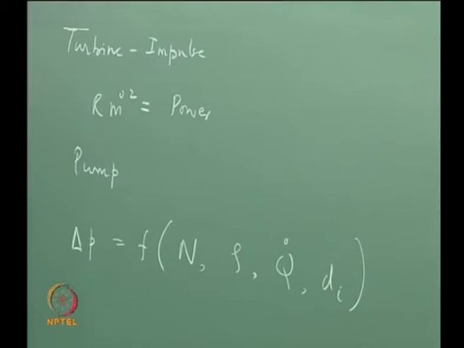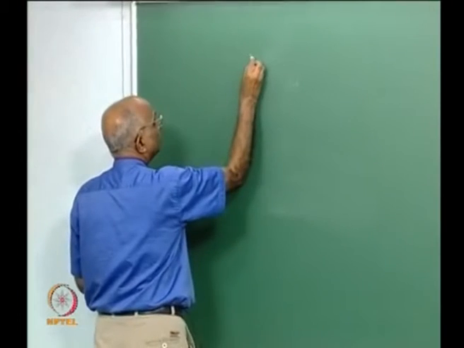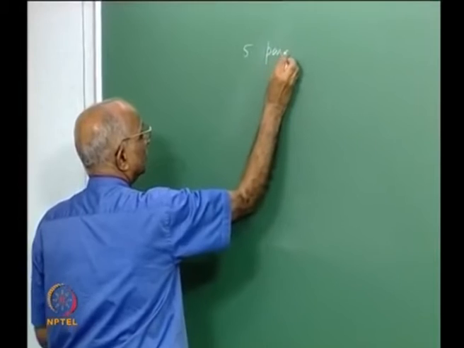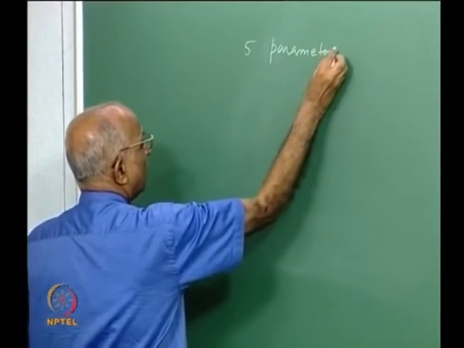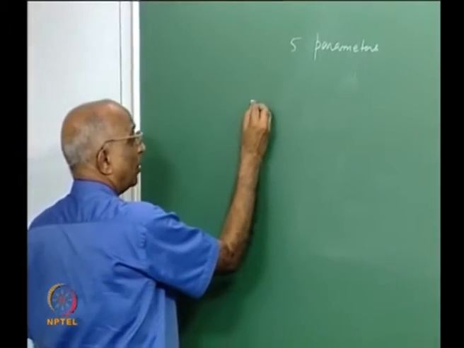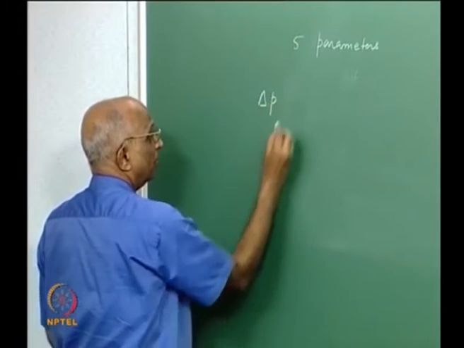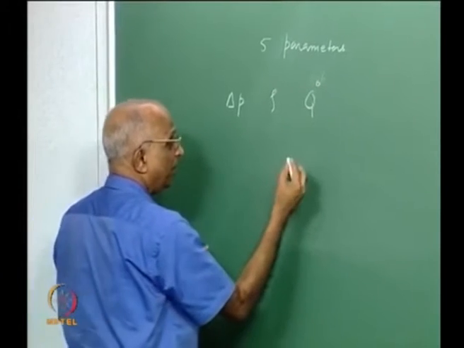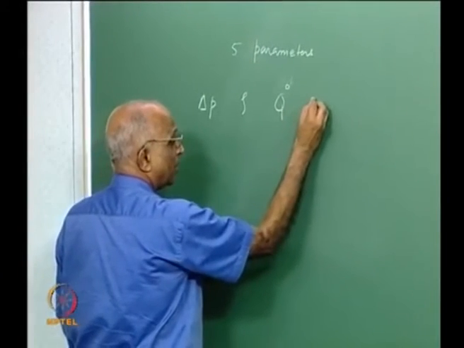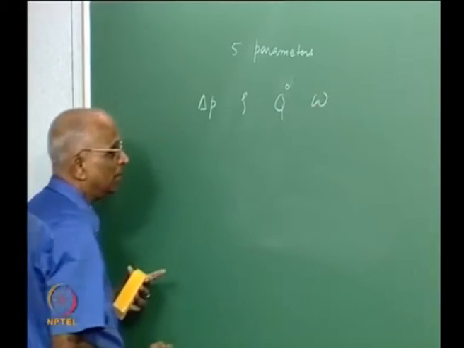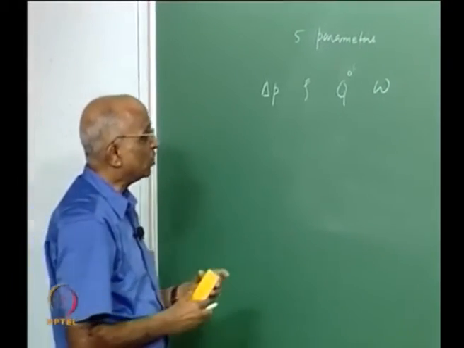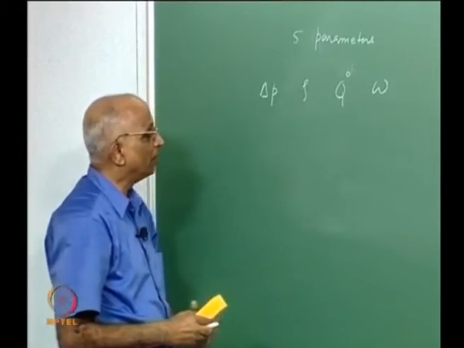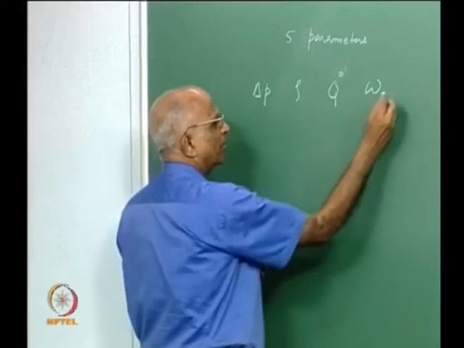In other words, I am talking of 5 parameters required to characterize a particular pump: delta P across the pump, the density, the flow rate, the speed, and, instead of writing n rpm, I put it in terms of radians per second, omega, where 2 pi n is equal to omega, and the last parameter is d i.